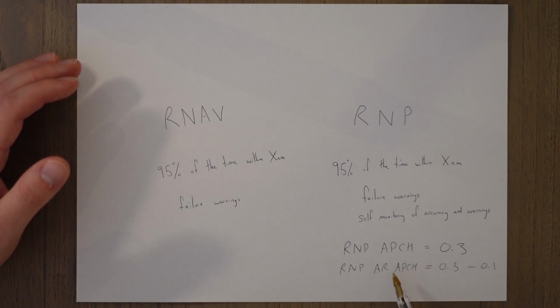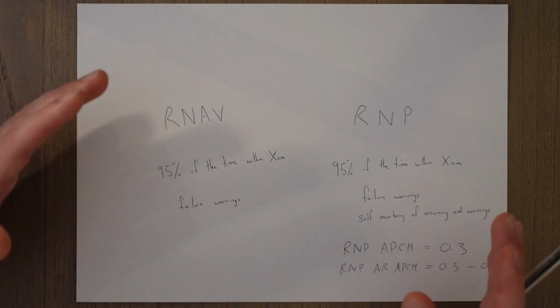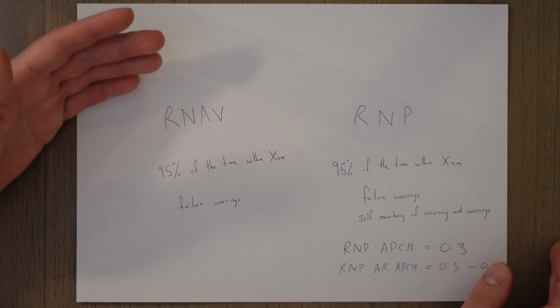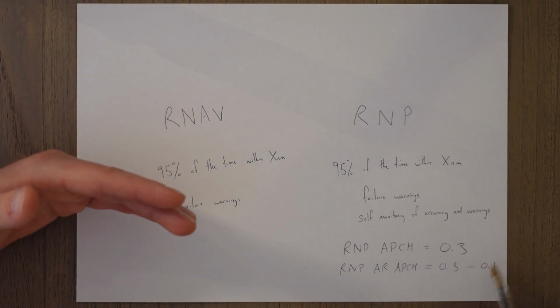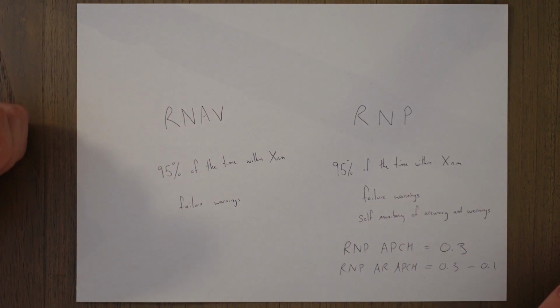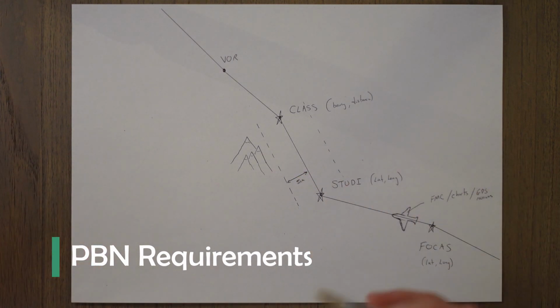It's way more accurate. So as soon as your actual performance is drifting outside of the tolerances, you can't do the approach anymore. You've got to either switch back to something with a lesser tolerance or do a different type of approach.